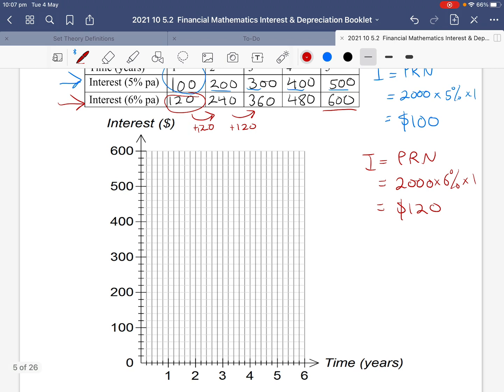So to graph this, we'll graph the 5% line first. So at the beginning, you don't have any interest. After 1 year, you've got 100, 2, 200, 3, 300, and it continues up until we get to $500 and $500.